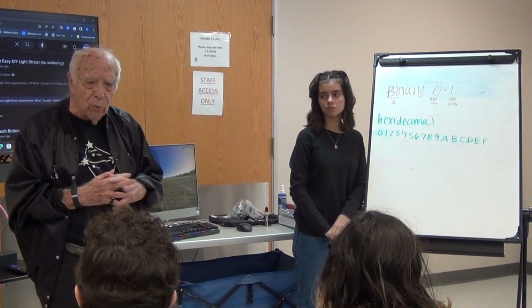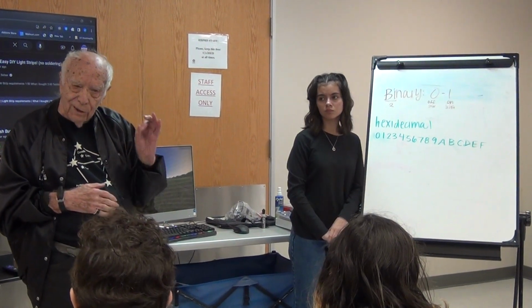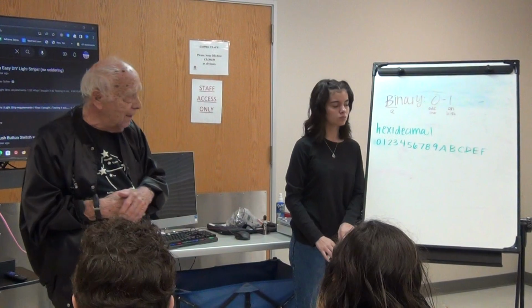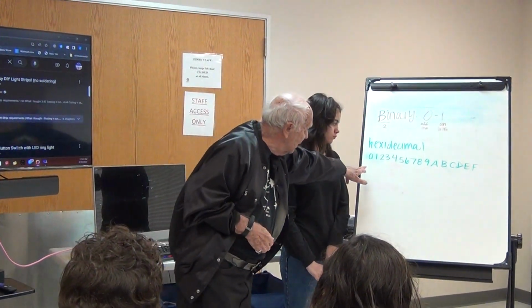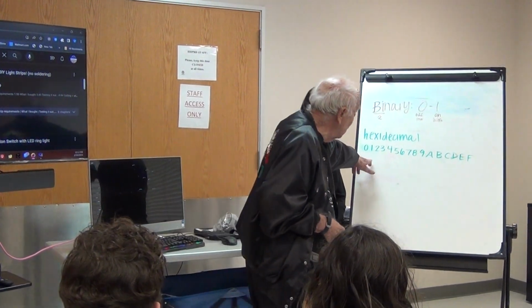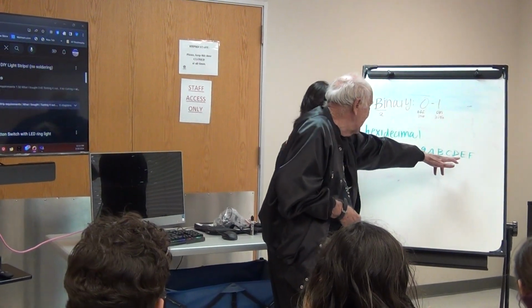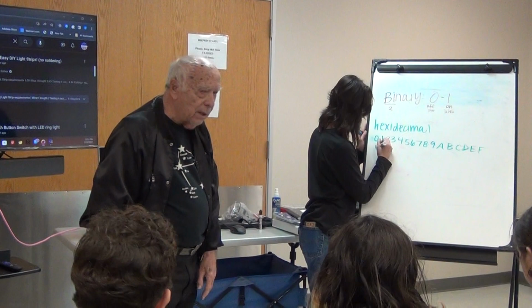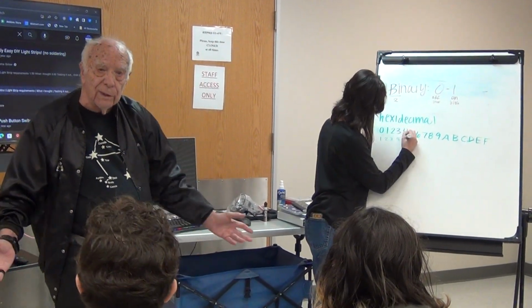For some strange reason, we forgot there is a 0. Well, science hasn't forgotten. So this is 1, 2, 3, 4, 5, all the way up to 16. Put it underneath. In the hexadecimal world, a 0 is a 1.